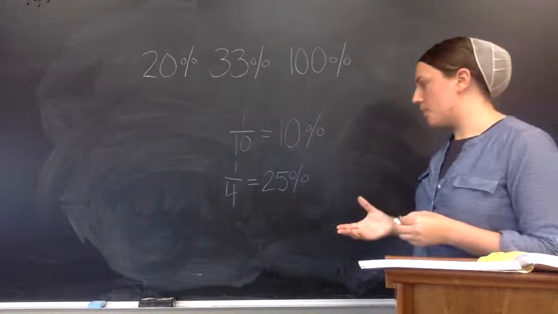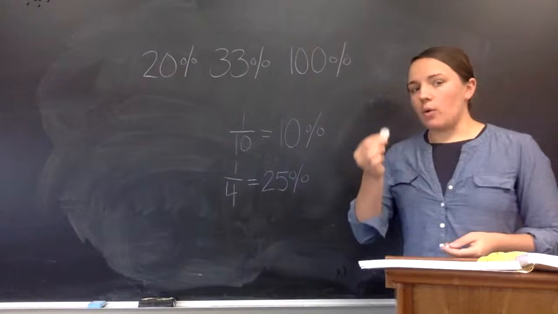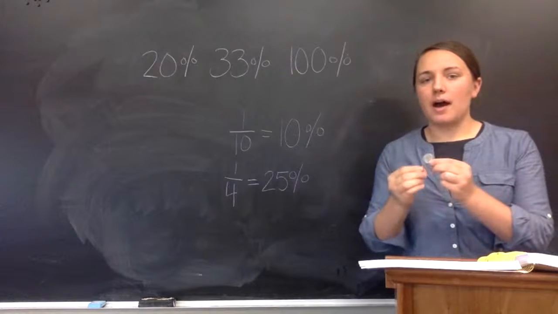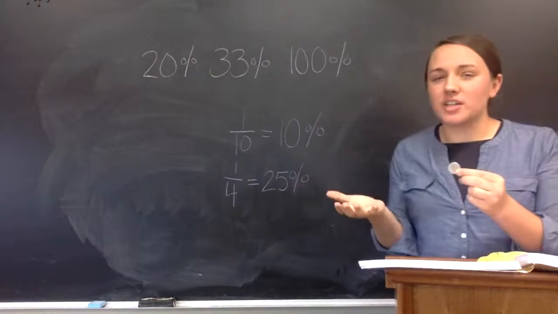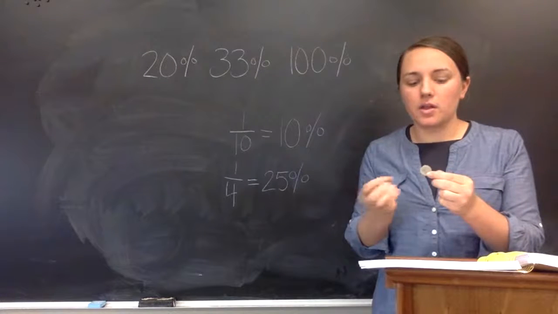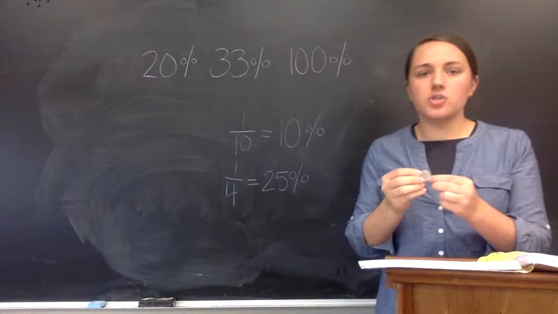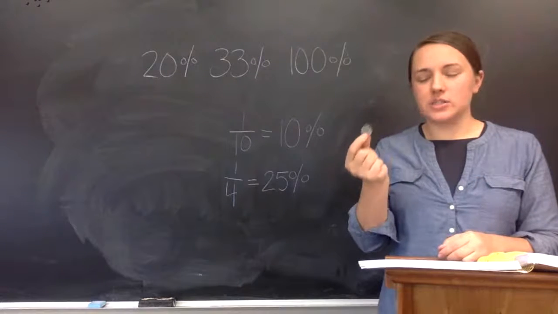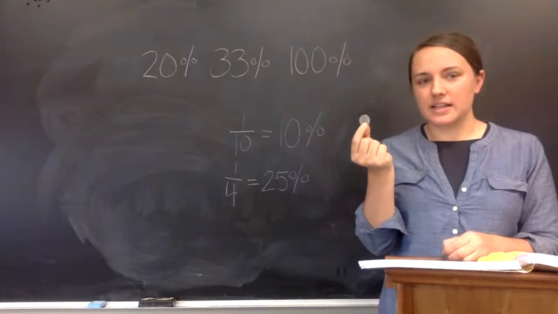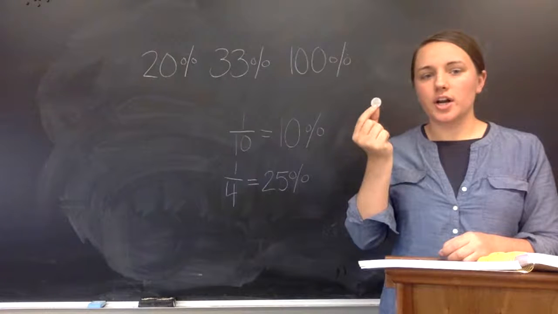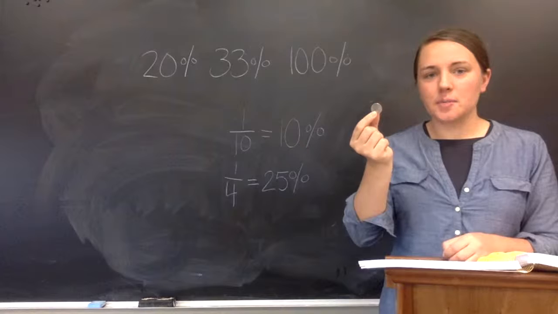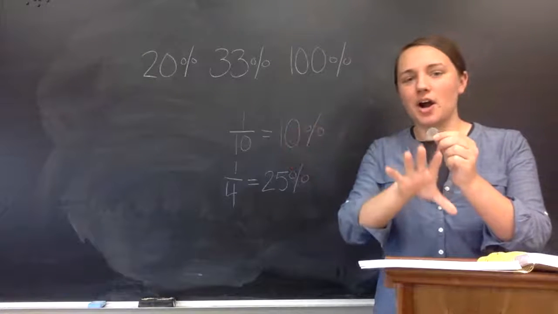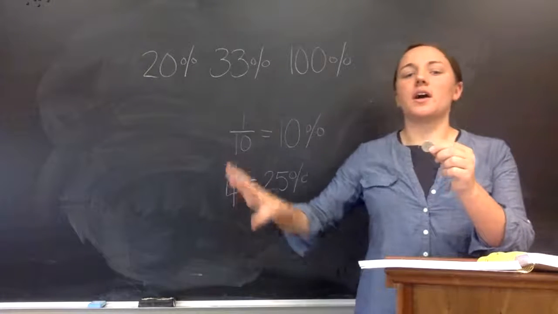So for example, if we're talking about what percent 1 quarter is of a dollar, a dollar is 100 cents, right? Okay, so a quarter is 25 cents. So a quarter is 25% of a dollar because it's 25 parts out of the 100 parts, okay?